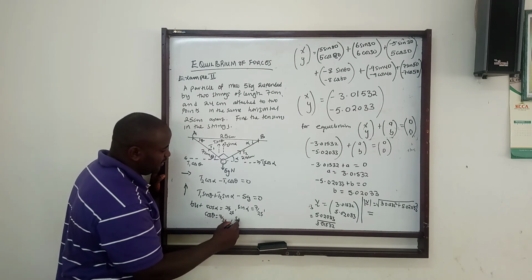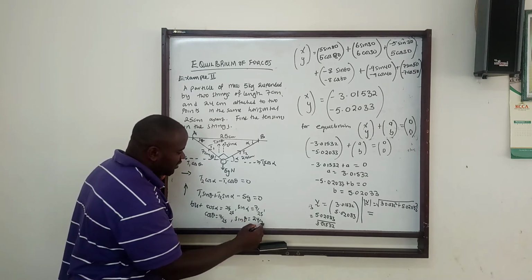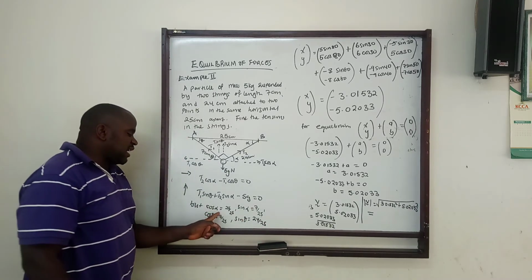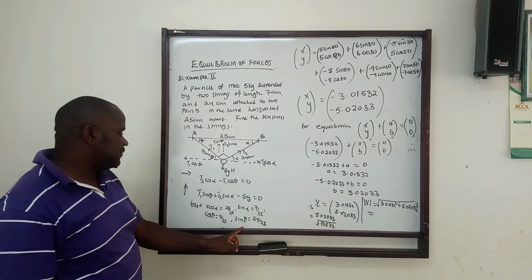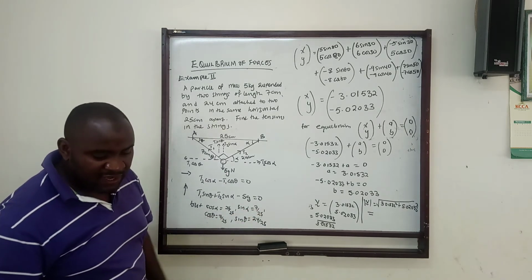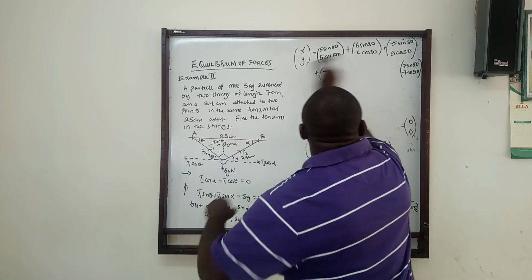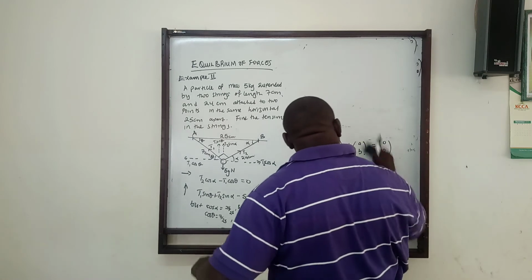And we can get sine of theta, which is actually equal to 24 out of 25. It means cos alpha is equal to sine theta. Likewise, cos theta is equal to sine alpha. So we can have these illustrations and we substitute, and then we see how we can best solve these simultaneous equations.